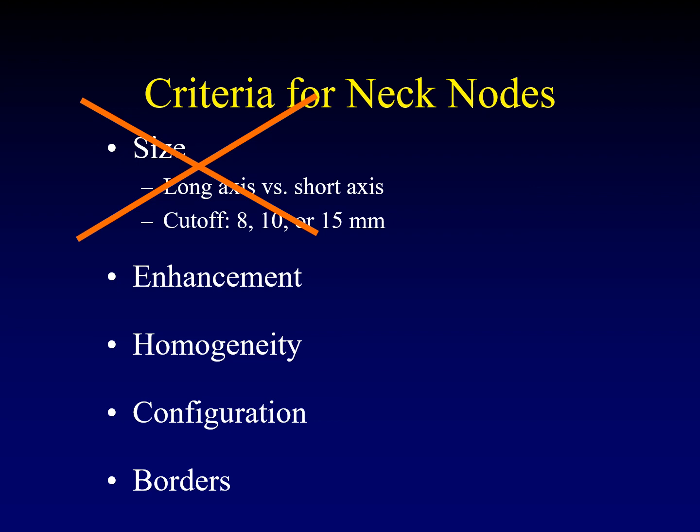I don't like size criteria. You can have inflammation causing very large nodes. You can have small nodes that are malignant. Although it is the most common criterion described in the literature, it is my least favorite way to distinguish between benign and malignant nodes. A radiologist with a ruler is in trouble.